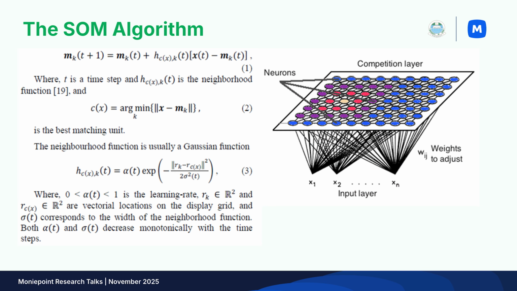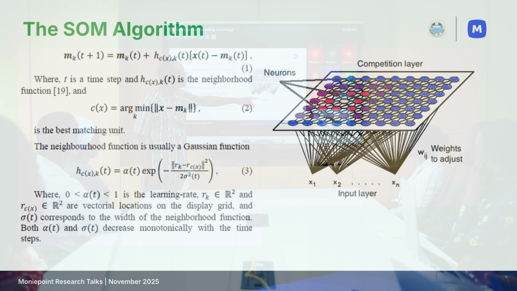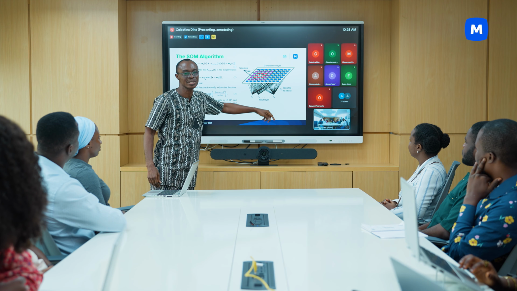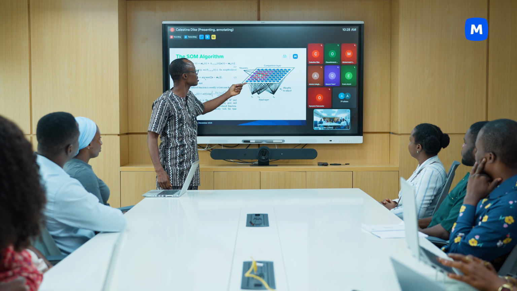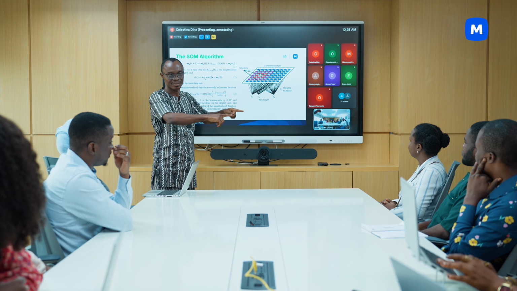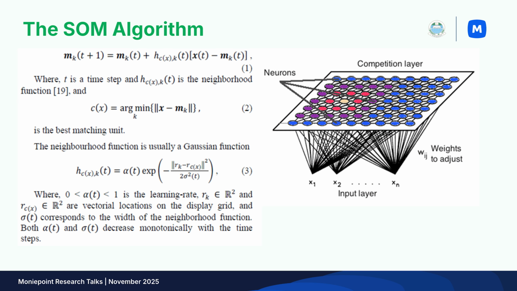So we just have a slight pictorial view of what we've talked about. This is our data set. These are the model vectors, the weights, right? The weights are all attached to this, so the weights of ij are for a particular node, and remember each of them has n model vectors. So it's looking at these inputs, doing some computation with the weights, and at the end of the day, it gets an output on the map.